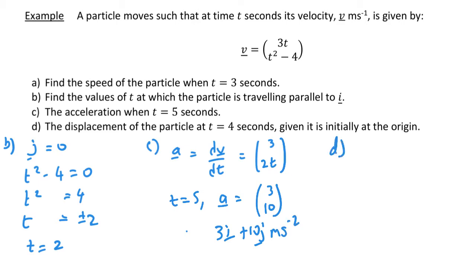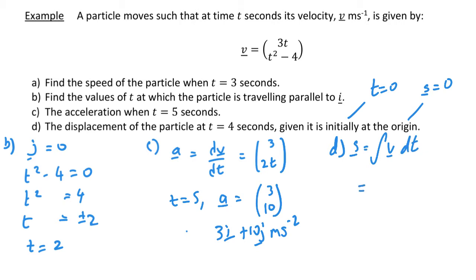Part D, the displacement of the particle at t equals 4 seconds, given that it's initially at the origin. So initially that's whenever t equals 0, and it's at the origin, so s is going to equal 0 as well. s is the integral of v dt.